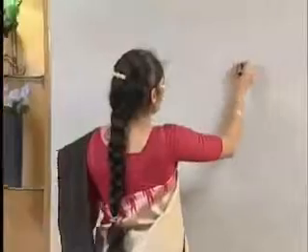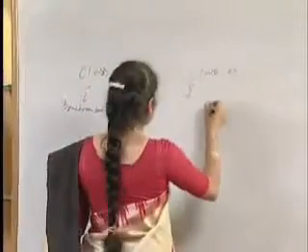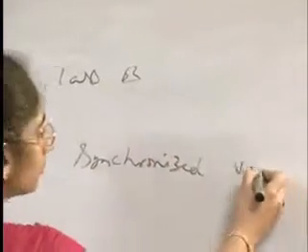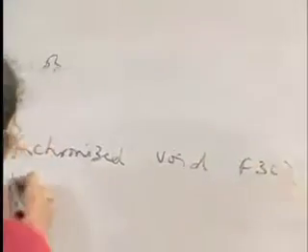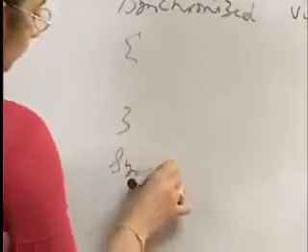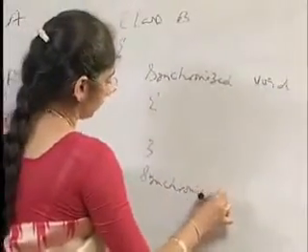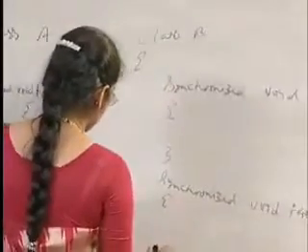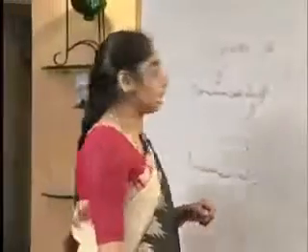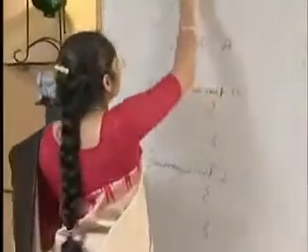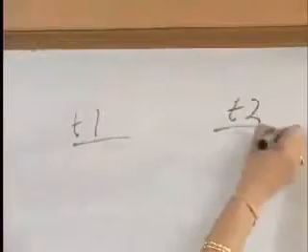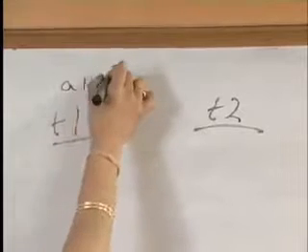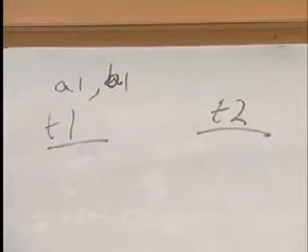Similarly, I have class B which has synchronized function 3 and synchronized function 4. Let's assume that I have thread 1 and thread 2, both have access to A1 and B1, which are objects of A and B.